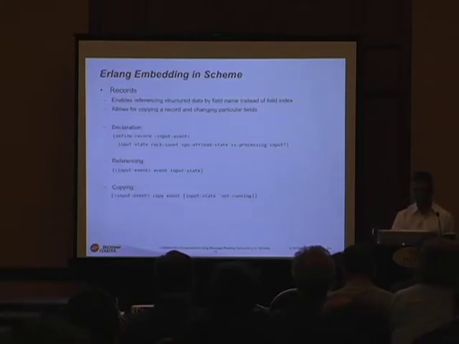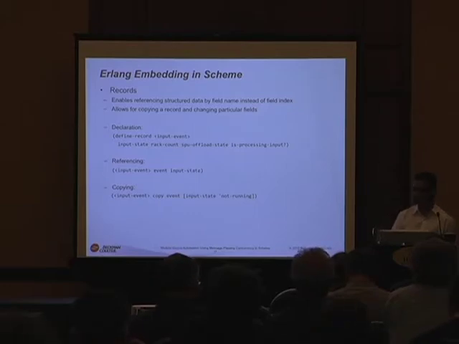So, Erlang embedding. First, let's look at records. It's useful to use records in the sense that you can access data using field names instead of just an index. In the example here, for the declaration, we use angle brackets just as a naming convention, and I'm declaring an input event record with a few fields.